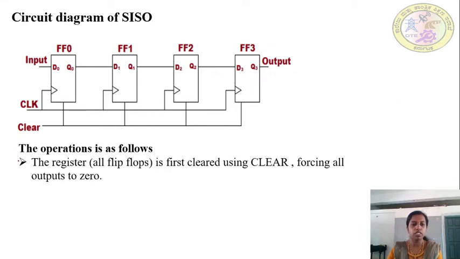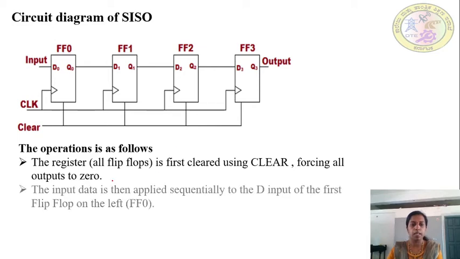The operation is as follows. All the flip-flops in the register are first cleared using clear, so the inputs of all the flip-flops are taken as 0 at first. The input data is then applied sequentially to the D input of the first flip-flop on the left, that is D0 of FF0, and the clock pulse is applied.